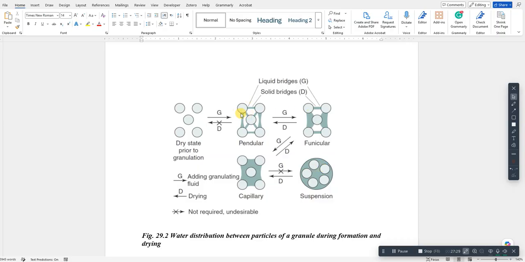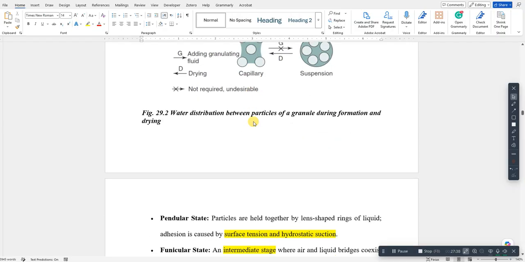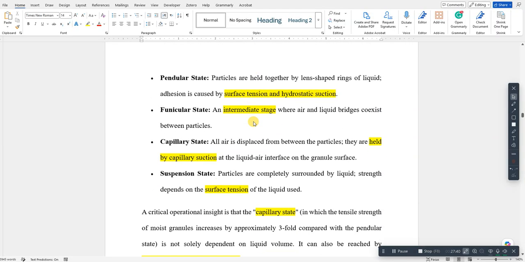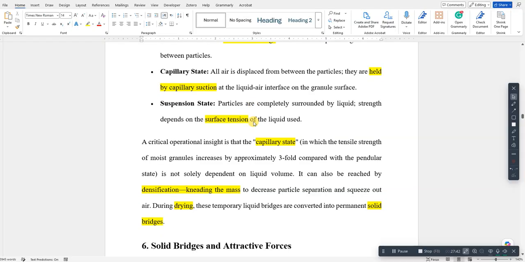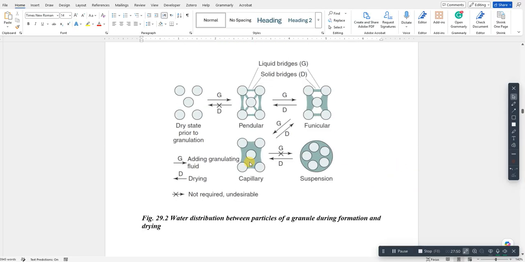Okay, how do we get from one stage to another? This can happen by two methods that I want to talk about. One is adding more liquid. You add more liquid, and the liquid will start filling the spaces between the particles.